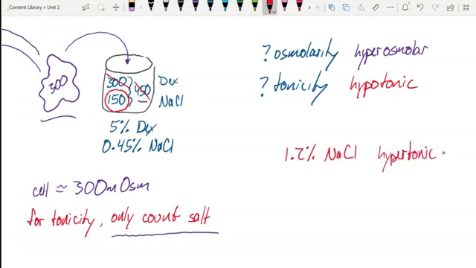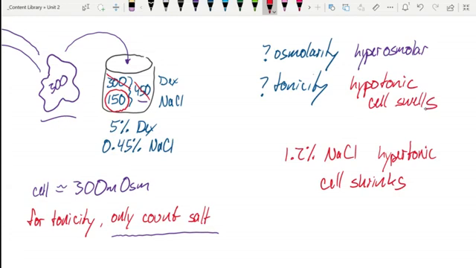And what's going to happen in a hypertonic scenario? Well, this means that water is going to go from the cell into the solution because that's where the salt is, the higher salt concentration. This will cause the cell to crenate, in other words, shrink. So in a hypertonic solution, the cell shrinks, whereas in a hypotonic solution, the cell swells.